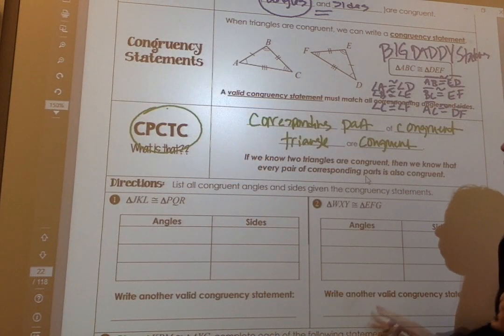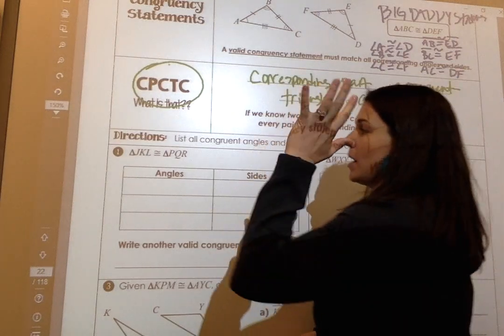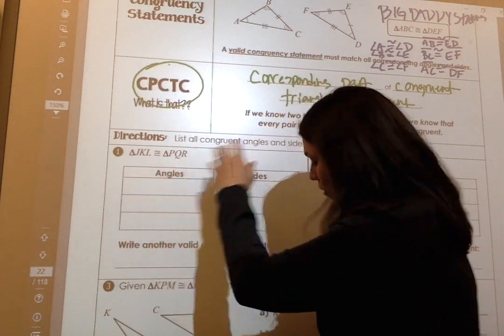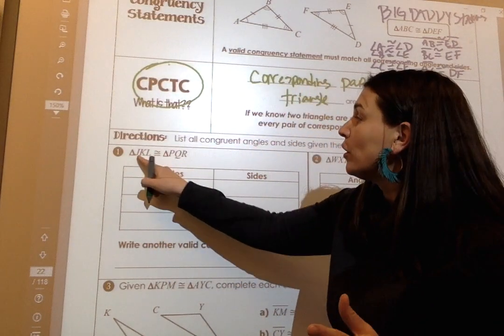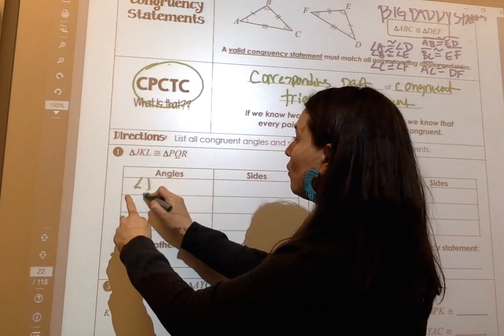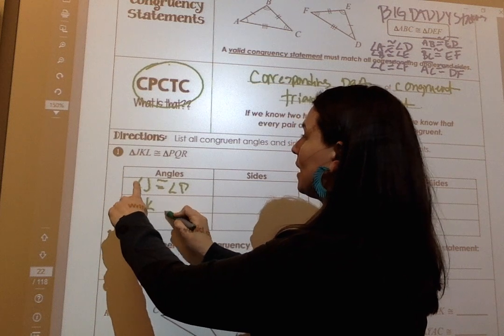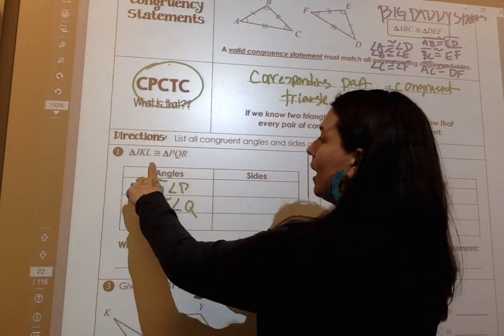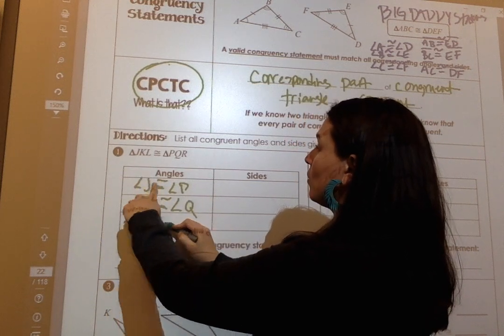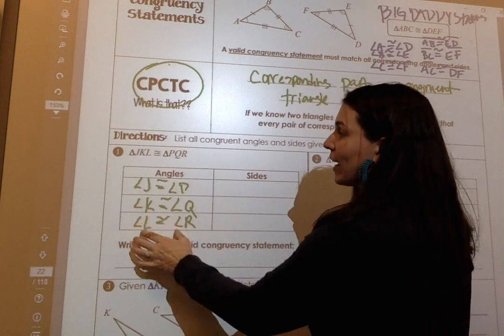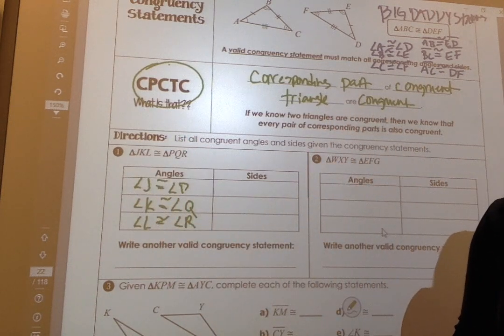CPCTC. So when you look at this Big Daddy statement, not even a picture, just by looking at this statement, I can say that angle J is congruent to angle P. I can say that angle K is congruent to angle Q. And I can say that angle L is congruent to angle R. That's just by the positioning.